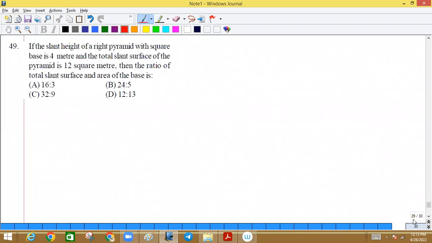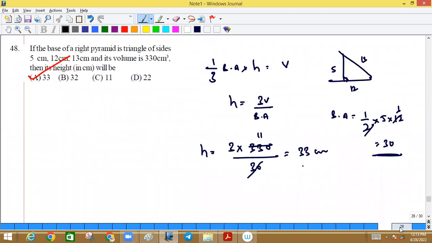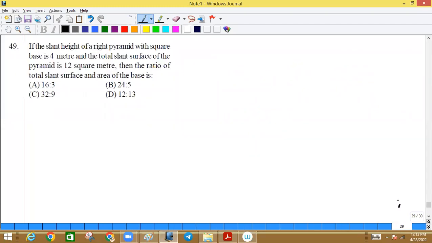If the slant height of the pyramid with the square base is 4 meters and the total slant surface area of the pyramid is 12 square meters, then find the ratio of the total slant surface and the area of the base. Slant height L is equal to 4.